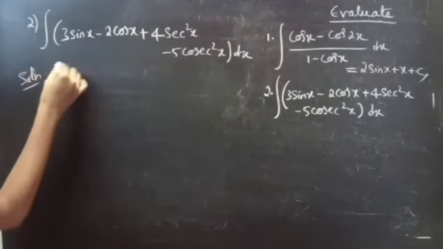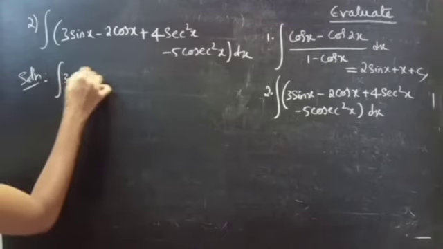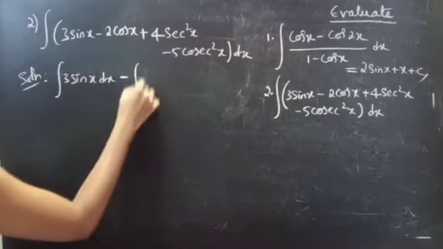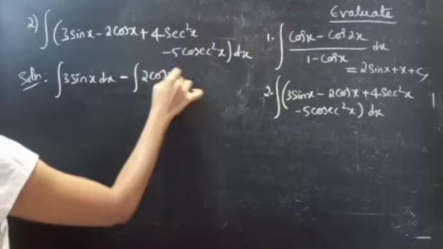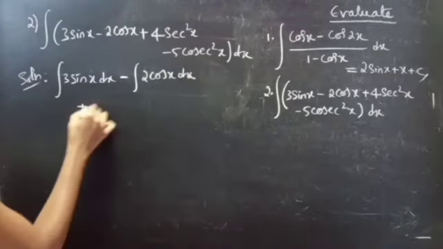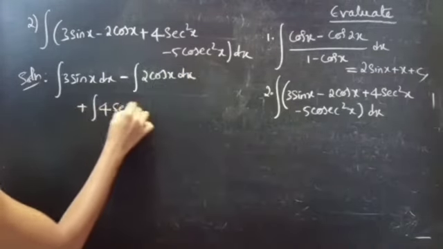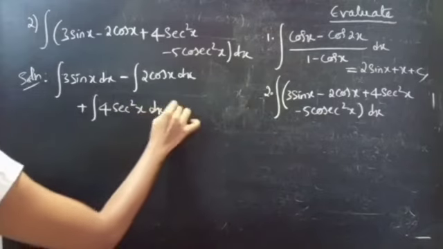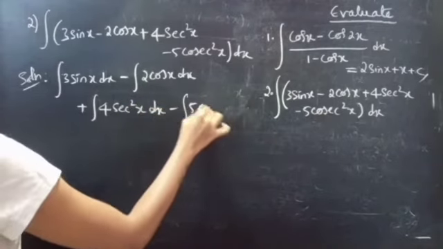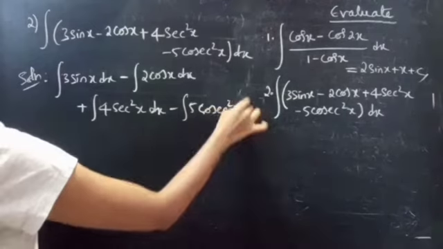So you would write it as integral 3 sin x dx minus integral 2 cos x dx plus integral 4 secant square x dx minus integral 5 cosecant square x dx.